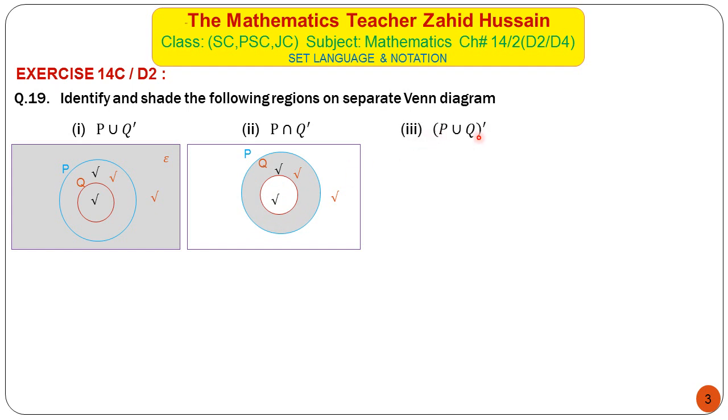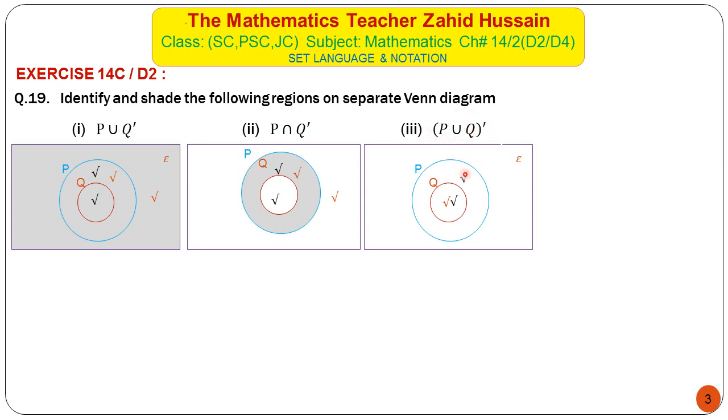P union Q whole complement. Now P is the set represented by the bigger circle, this one. So P is this region and this region. Q is this region only, inside Q. And the whole complement of P union Q. What is P union Q?